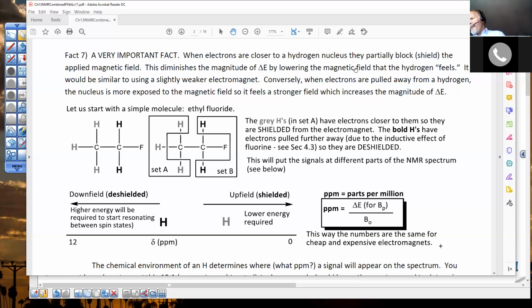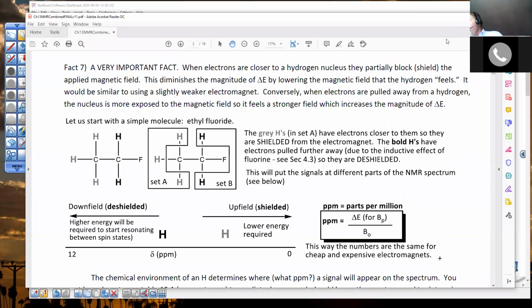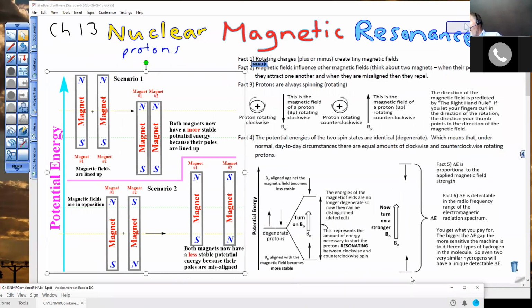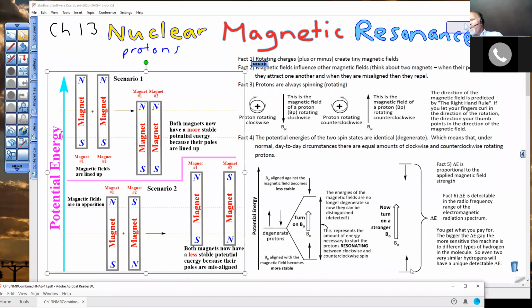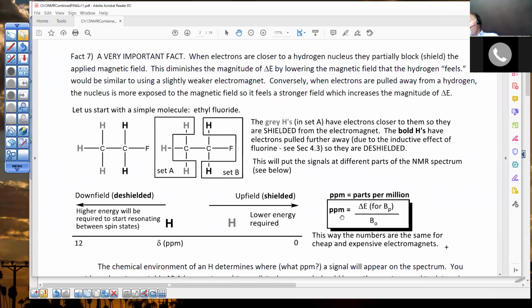The energy gap, I'm reminding you, here we go. The energy gap here, the ratio of that to the power of the electromagnet multiplied by 1,000,000, because protons have very little magnetic fields. So to make the numbers make any sense, we have to multiply it by 1,000,000.